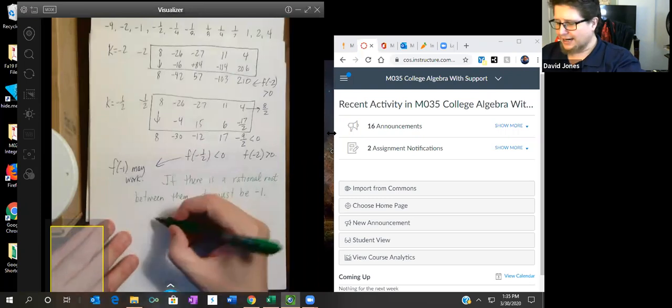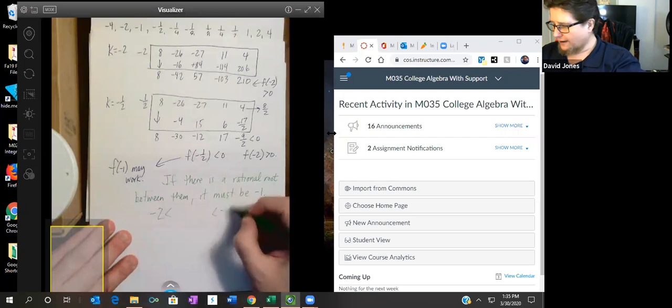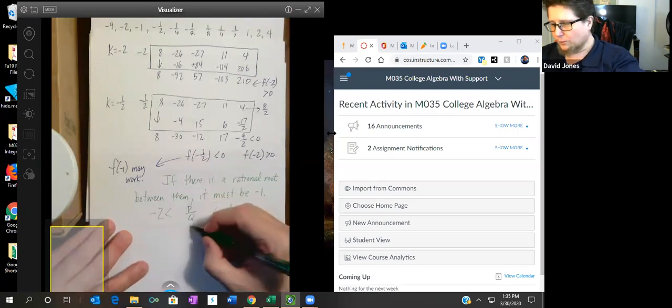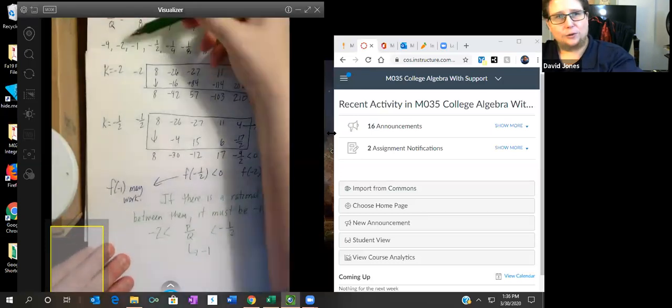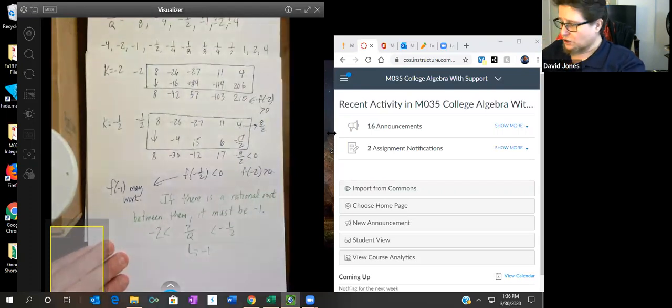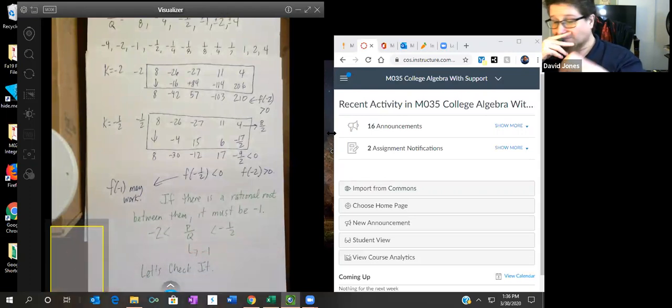That's because we've got -2 and we've got -1/2, and we're looking for P over Q in between them. And the only one left in there is -1 according to our list up there. We've got them in order. -1 is the only one that shows up. So let's check it. In fact, you guys check it. I'll leave that up there for a second while you finish writing it.